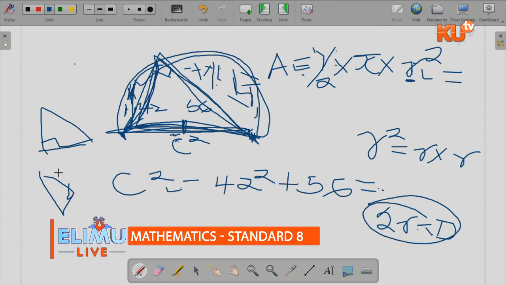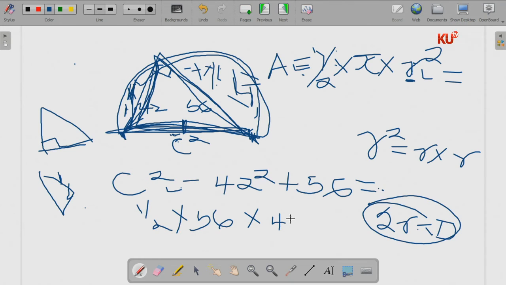So make sure you use the two sides. So you say half times 56 times 42. And remember, this triangle has been taken away. So you take away area of a triangle from area of a semicircle.